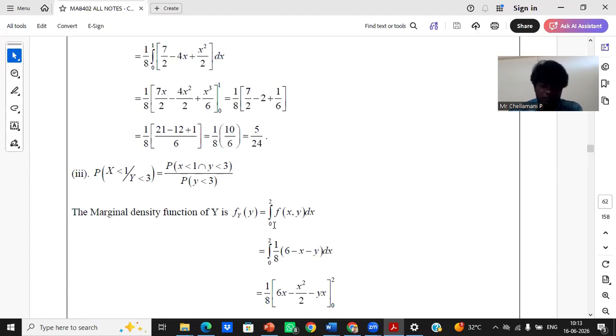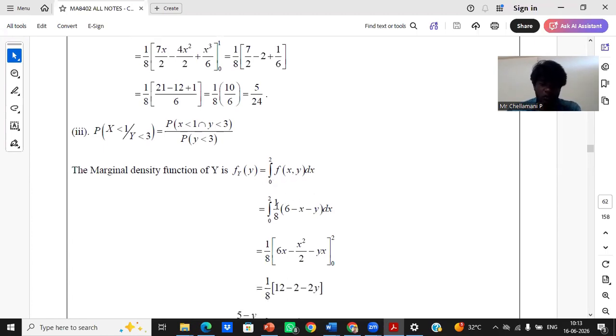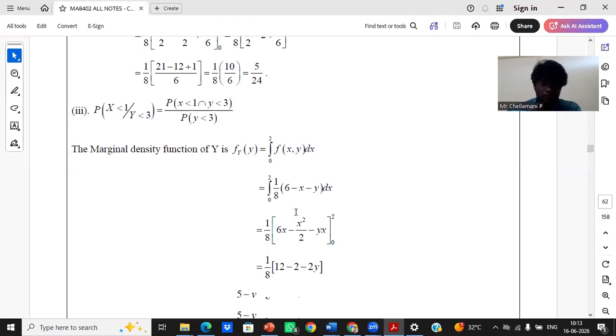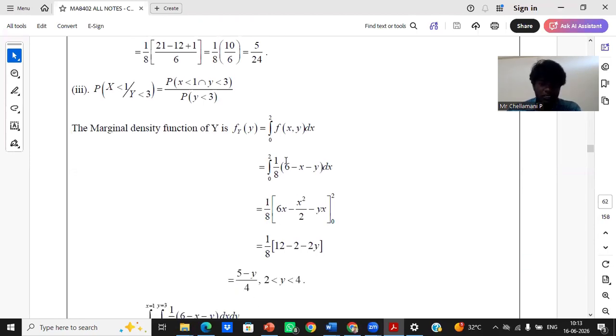Then the limit value is 0 to 2, and f of x comma y, our function, is 1 by 8 of 6 minus x minus y. So 1 by 8 is a constant. And integrating, we will get the values 6x minus x squared by 2 minus yx.